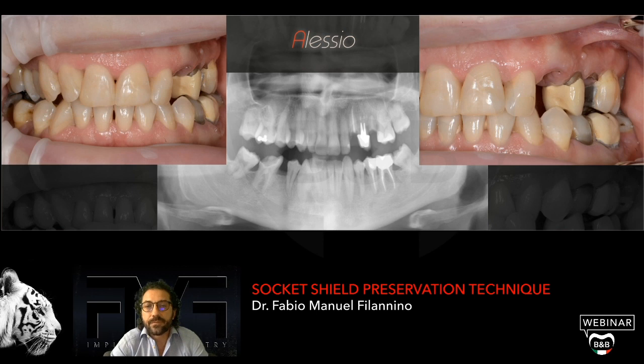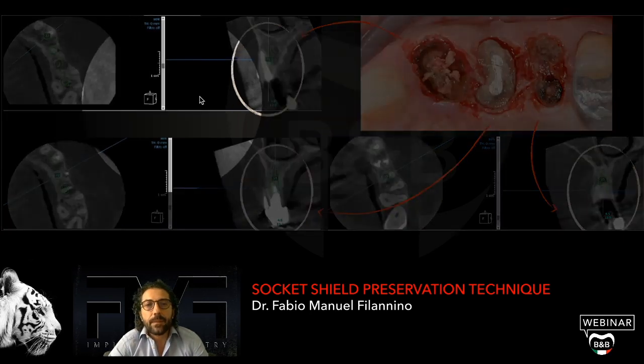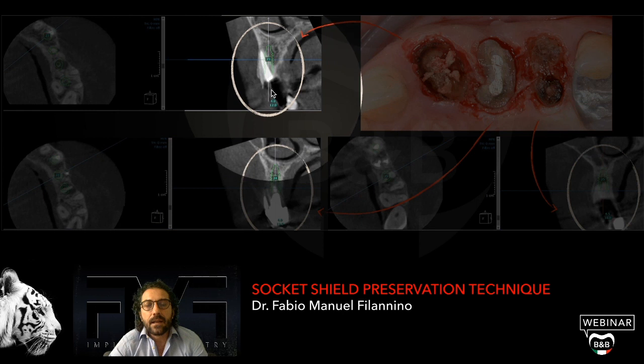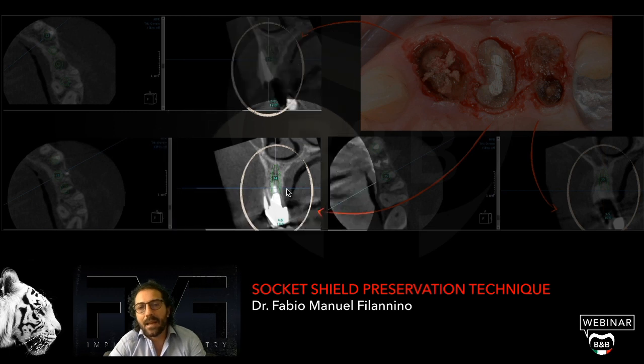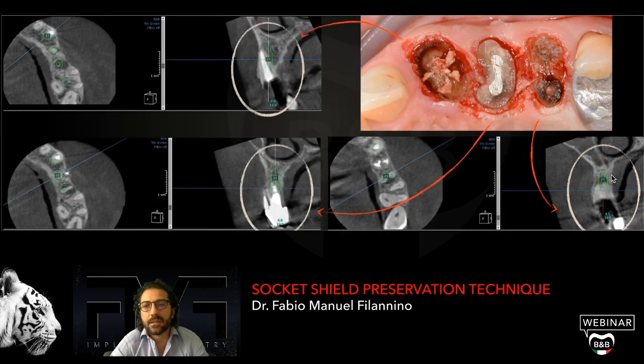So I wanted to understand what I could do with this patient, and I had a look at the CBCT, and I saw that in the canine area, in the 23, I had apical bone, and the same, less but the same apical bone we have in the two premolars.